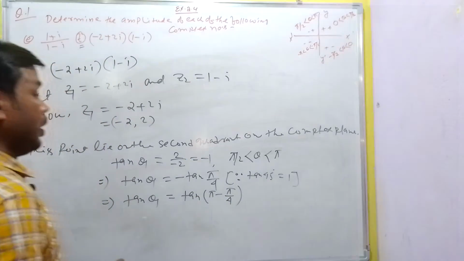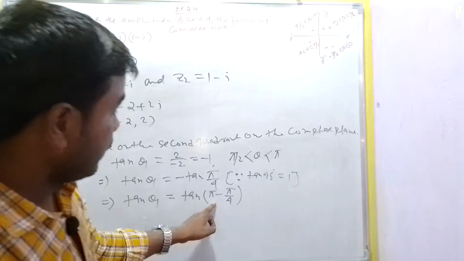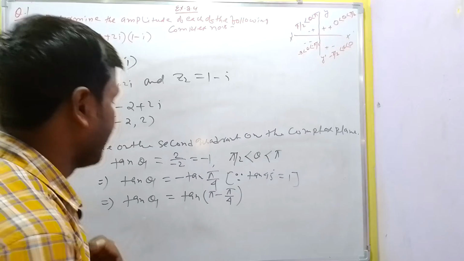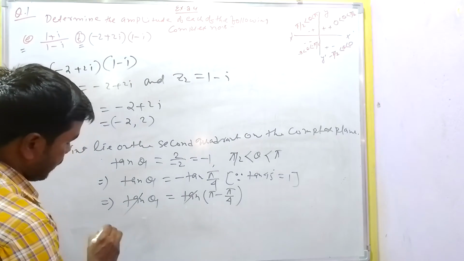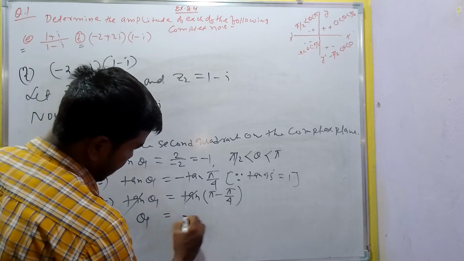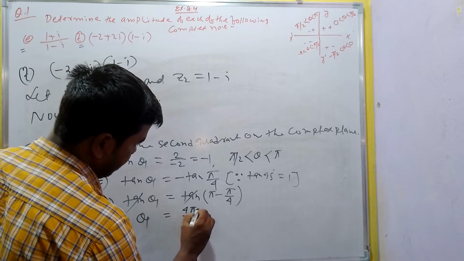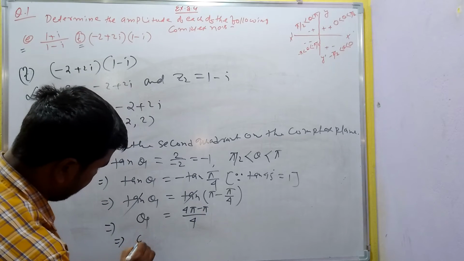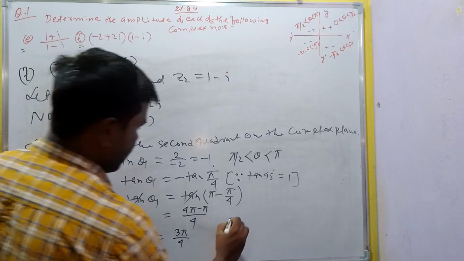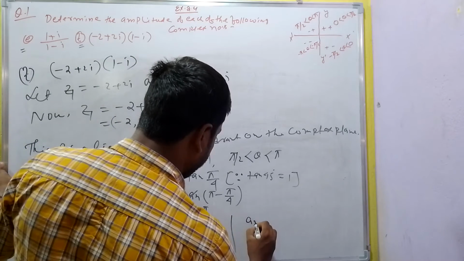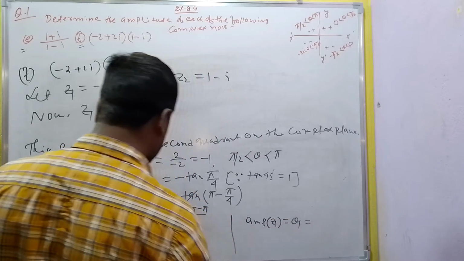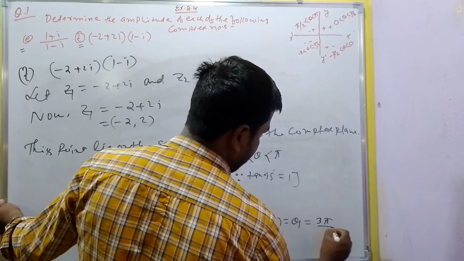We know tan (180 minus theta) equals minus tan theta. Now this tan will be cancelled. Theta 1, you take LCM 4, then 4 pi minus pi, so theta 1 equals 3 pi by 4. Therefore amplitude Z1 equals theta 1 equals 3 pi by 4.